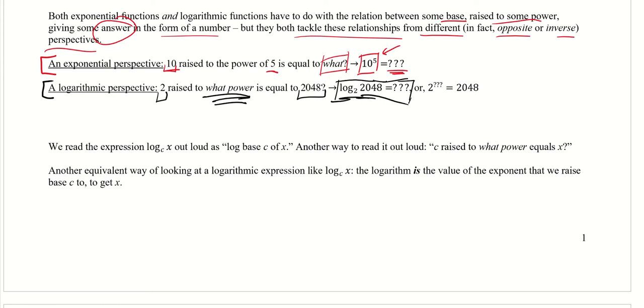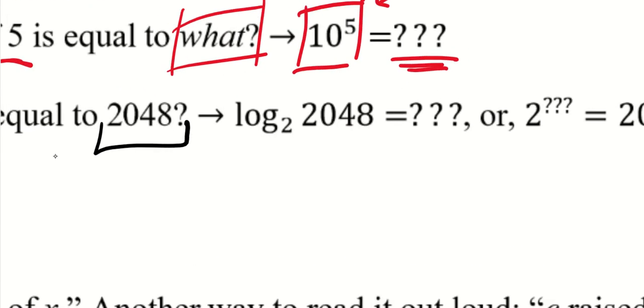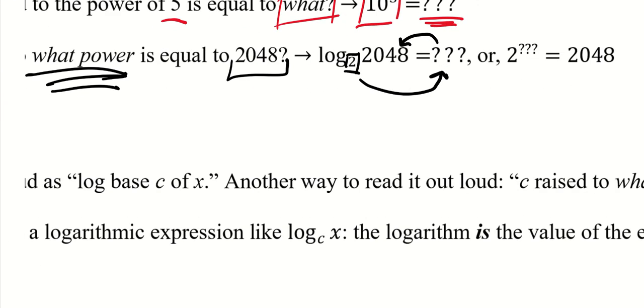If you were to read it out loud, you might say, log base 2 of 2048 is what? But how your mind should be reading this expression is, base 2 raised to what power is equal to 2048.